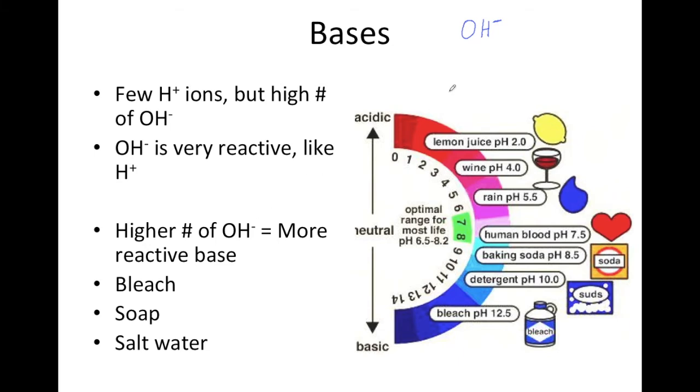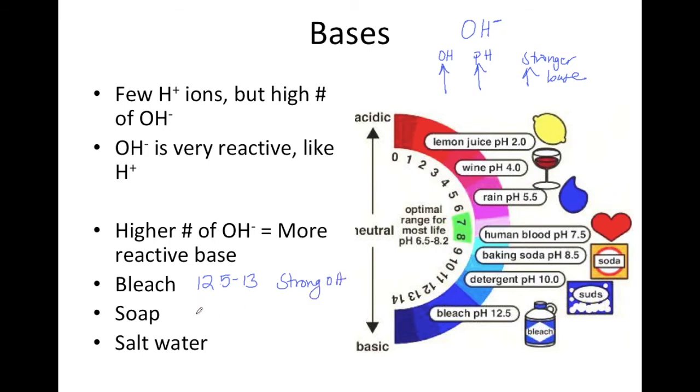Okay, so let's go ahead and just draw that up. So basically, the higher you have OH molecules, the higher your pH number is, and the stronger of a base you are. So bleach is a very strong base. It's about like a 12.5 to 13 pH, so it has a pretty high amount of OH minus.